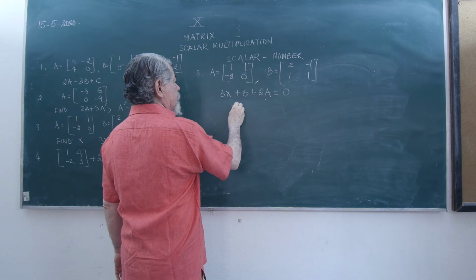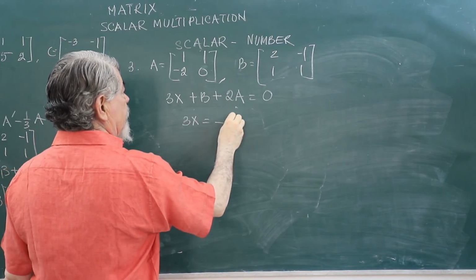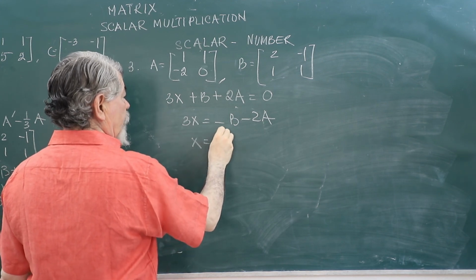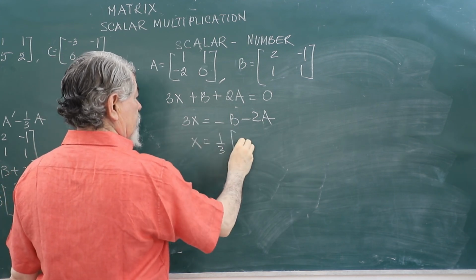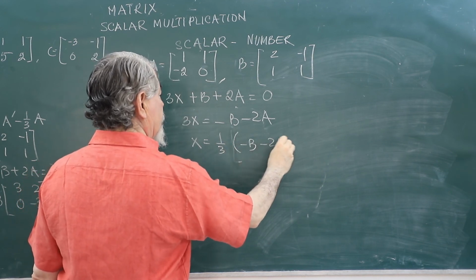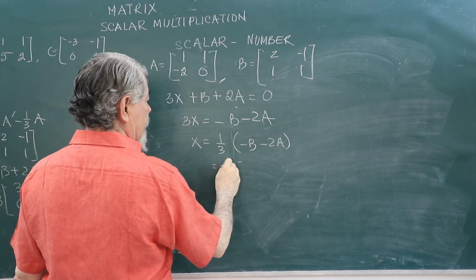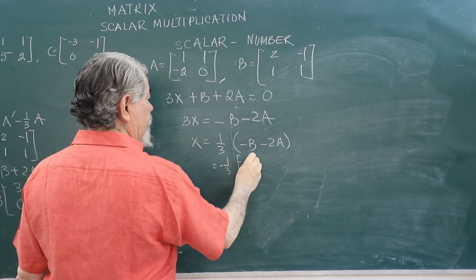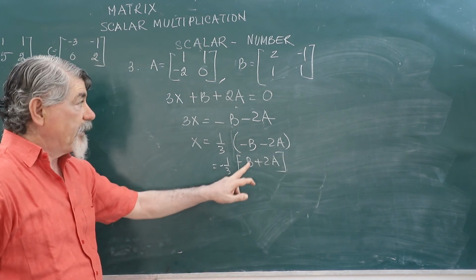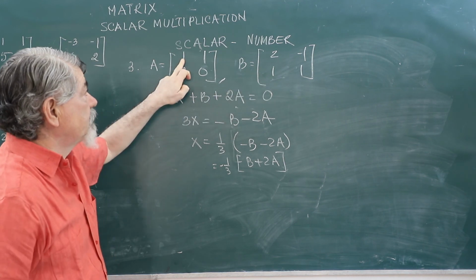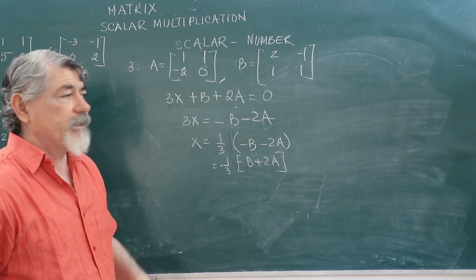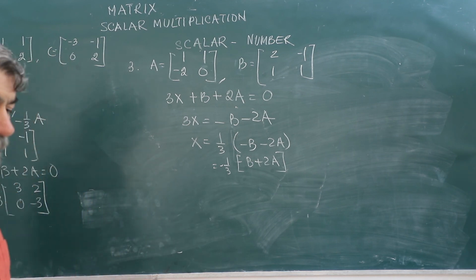Simply, 3X would have been minus B minus 2A, or X would have been minus 1 upon 3 times (B plus 2A). We would have calculated B plus 2A, where this is matrix B and this is A, and multiplied by minus 1 upon 3. We would have got the same answer.